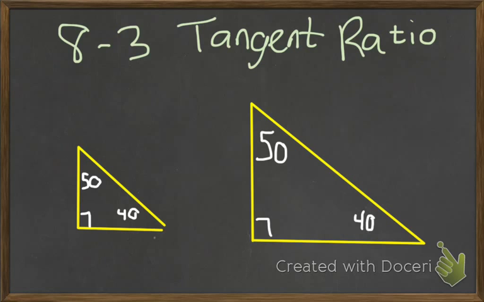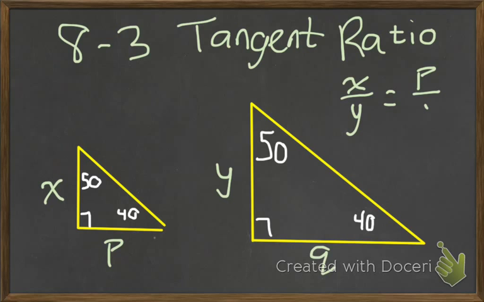So, if I have this side length as x, and this side length as y, and let's say this one is P and this one is Q, the proportion we could set up is as follows. You could say that x over y equals P over Q, because those are the corresponding sides, right?